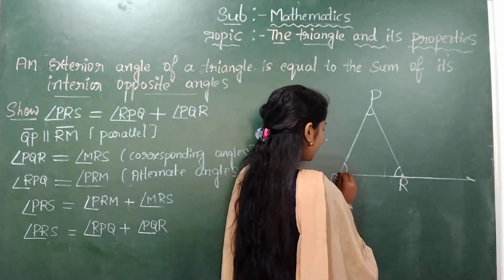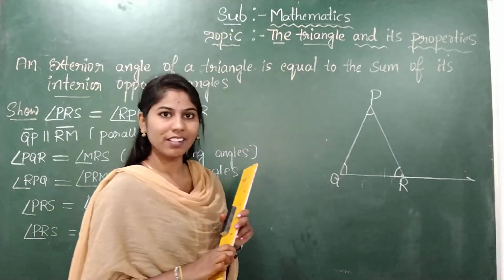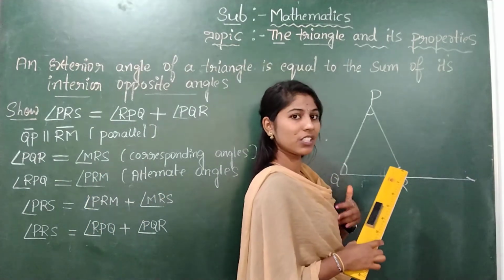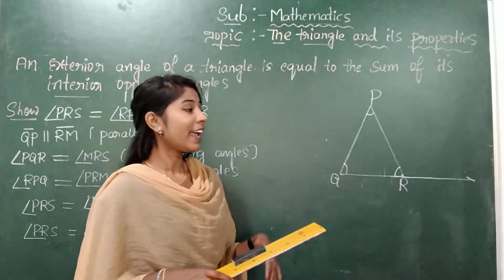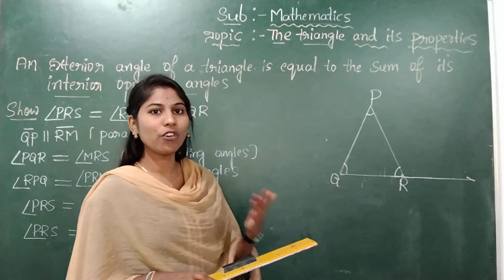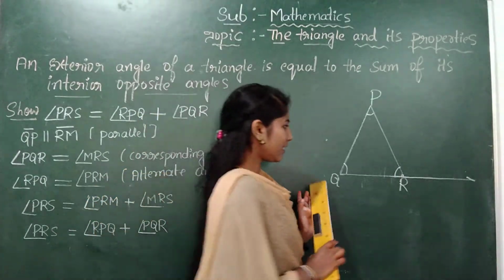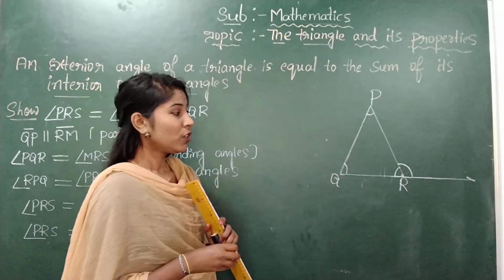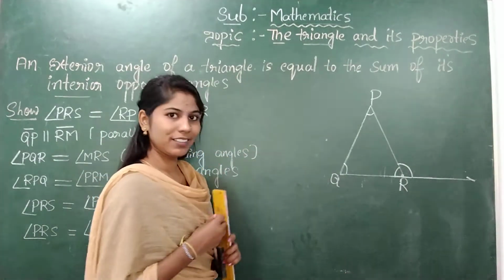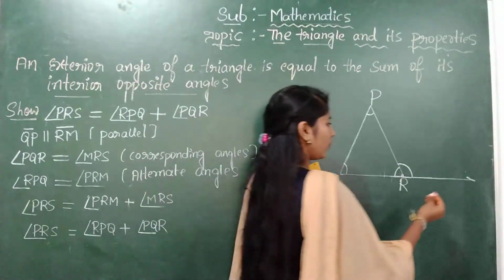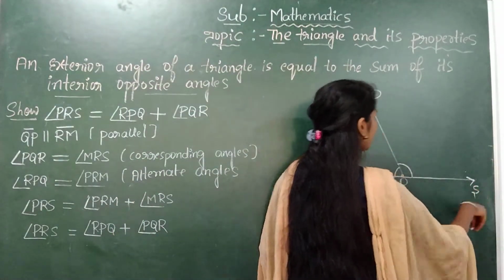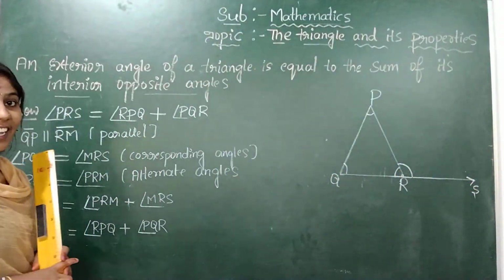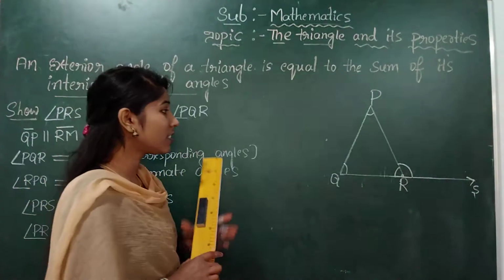So when you extend this transversal line, QR is a transversal line, you will get another angle exterior to this triangle, outside of the triangle. So when you extend this transversal, this is called angle PRS. The PRS is an exterior angle of this triangle.